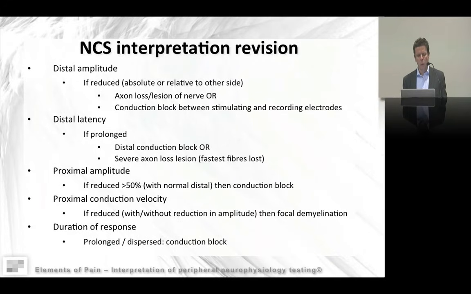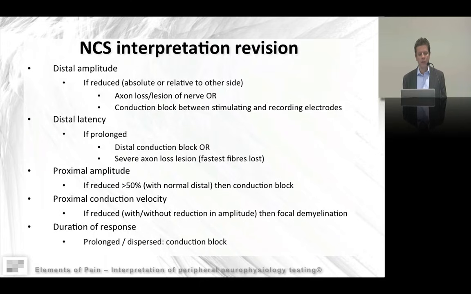So coming back to the main point of the talk, again, is how we look at nerve conductions and how you interpret them. Again, the parameters to look at: the amplitude, if it's really reduced, either compared to normal values or even just relative to the other side. You're looking at either an axonal lesion, most likely, or occasionally a conduction block and demyelination distal to where you've stimulated.